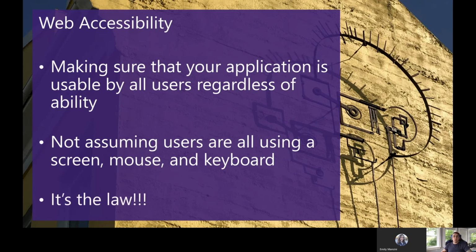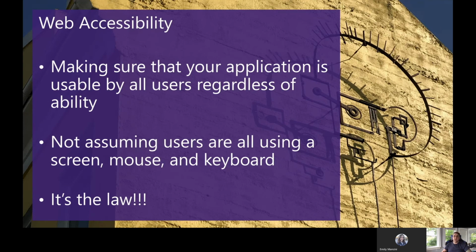In addition, depending on what country you live in, making sure that your applications are accessible to people with disabilities is the law. The US has standards, but Canada and the EU all have levels of compliance that are legally required and apply to all public-facing websites.